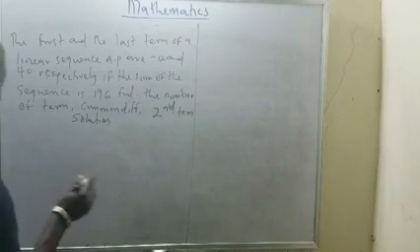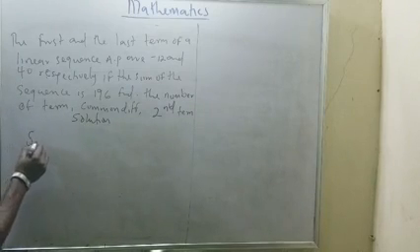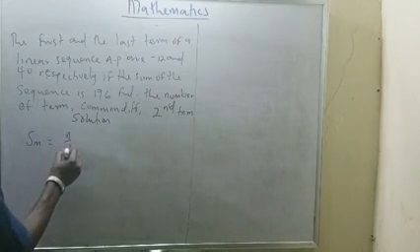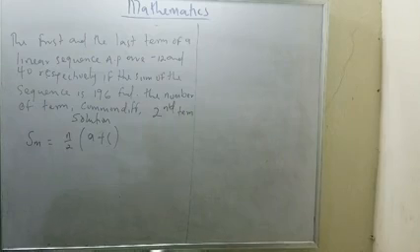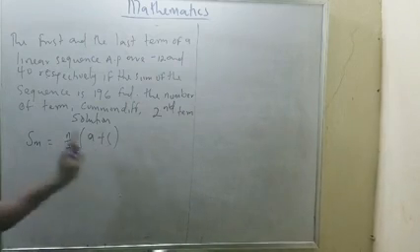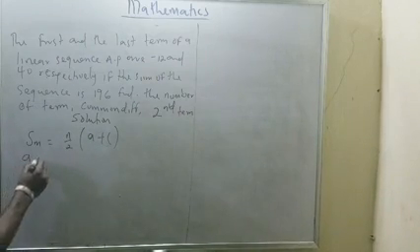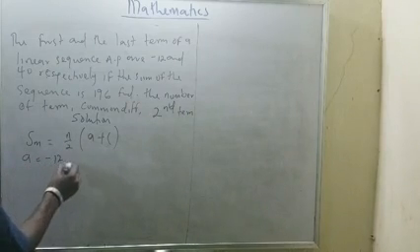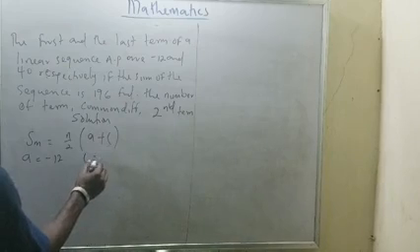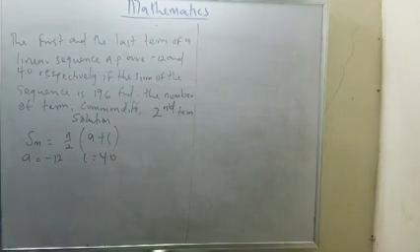It means I will use sum equals n all over 2 bracket of first and the last. That is what I will use. My a equals minus 12, my l equals 40.